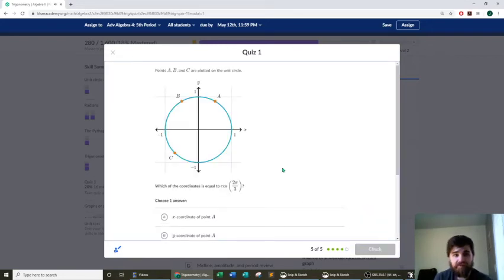All right, last type of question here, which is pretty much the same thing here. So let's see if we can do this one without the unit circle. So 2/3 pi. Now, maybe you don't have all your radians values memorized yet, but you should know that pi and 180 degrees are the same thing. So if we're 2/3 of the way to 180 degrees, right, that means we're at 120 degrees. So B is the point we're looking at.